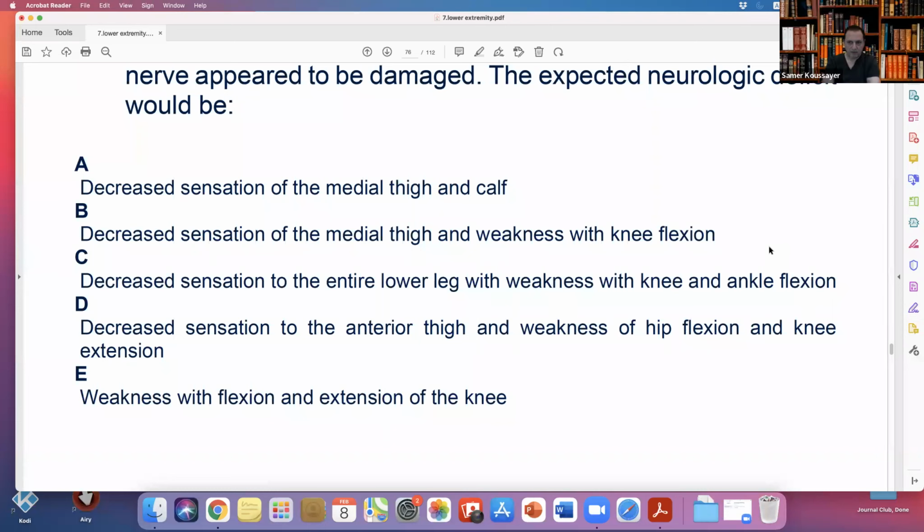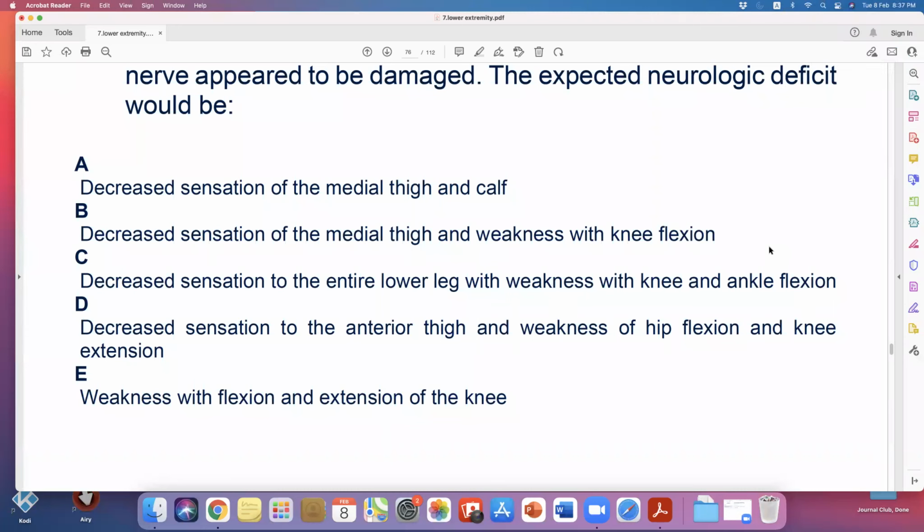Now ankle flexion has nothing to do with the femoral nerve, correct? Yeah. The ankle is supplied by the sciatic nerve. Sciatic, yes. Below, so it's too far. So C is for sure wrong. So we have A, B. Now let's go to D.